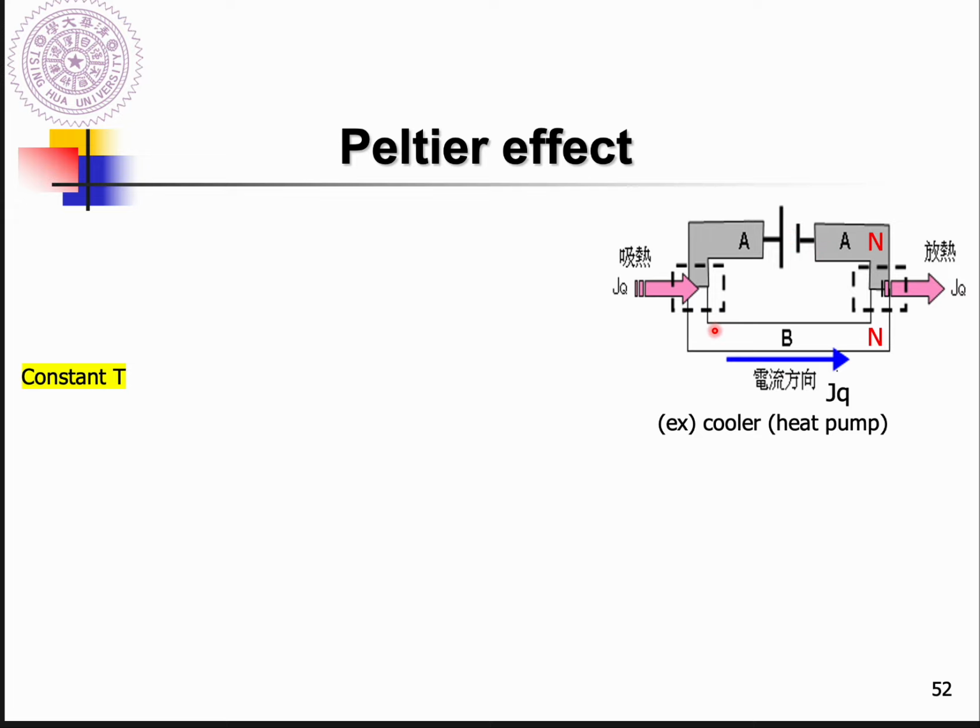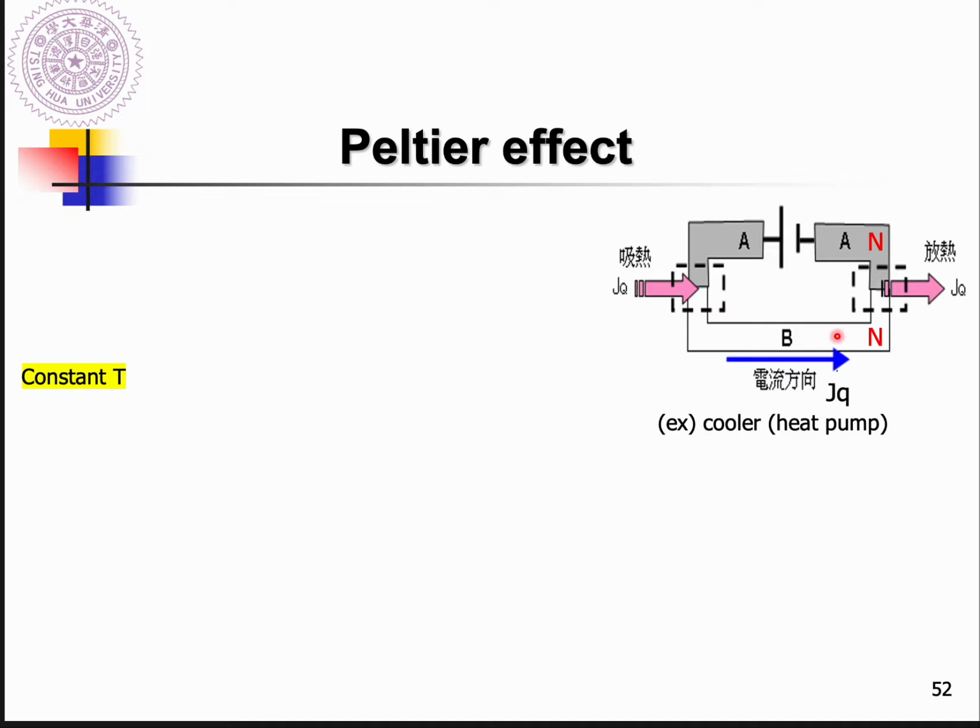And here we find interesting stuff. When we connect to the power supply, which means we supply the electrical circuit through this device, there is some heat J_Q absorbed from surroundings at these junctions. And also we find that there's a heat flux J_Q released to the surroundings.